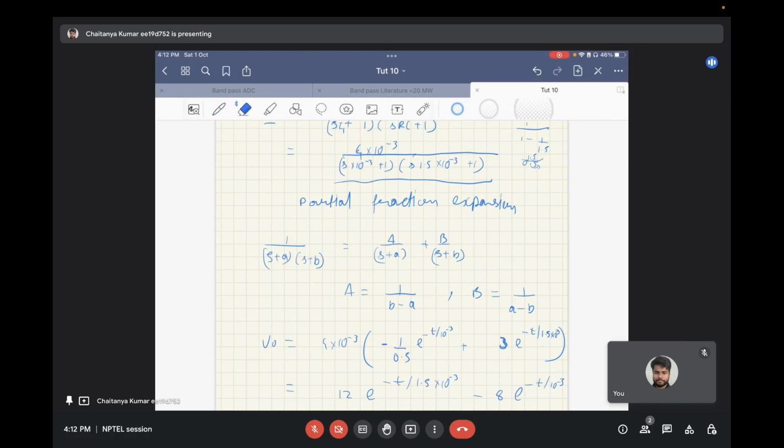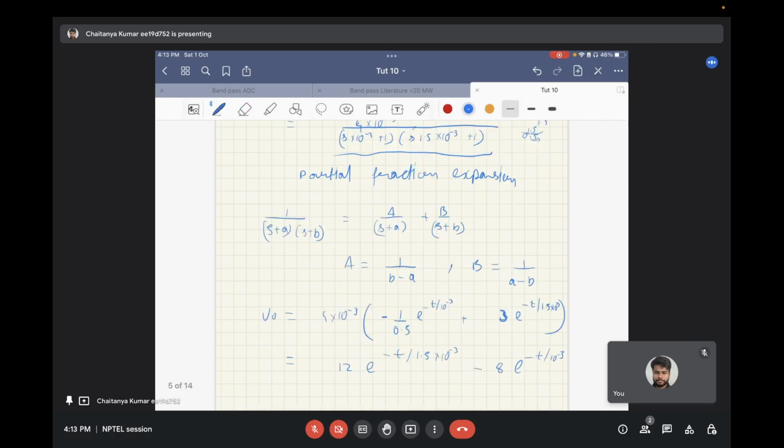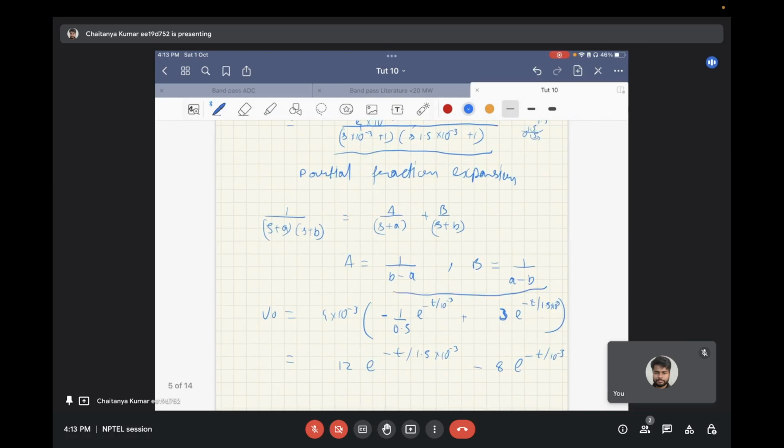So from the residue theory, A is equal to 1 upon b minus a, and capital B is equal to 1 upon small a minus small b. So using this principle, we find out the values of coefficients in partial fractions.